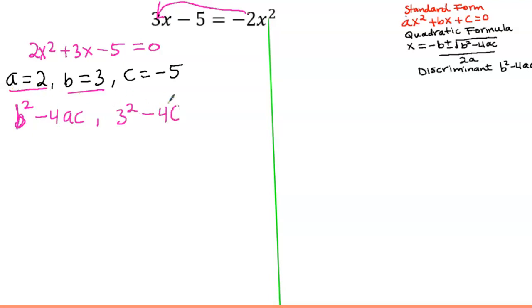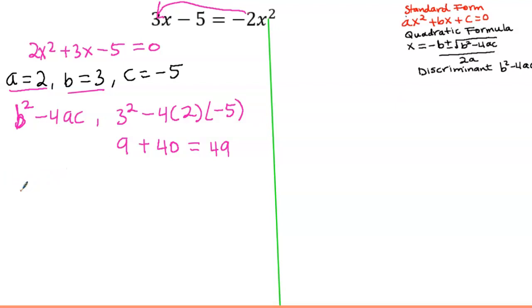A is 2 here, then times negative 5. 3 squared is 9. Because of the minus and the negative here, they become positive. And then we multiply 4 times 2, gives us 8. And then 8 times 5 gives us 40. So we got 49. So another easy peasy one for us. We get 49 as a perfect square, so that it's going to make the work smooth and easy.